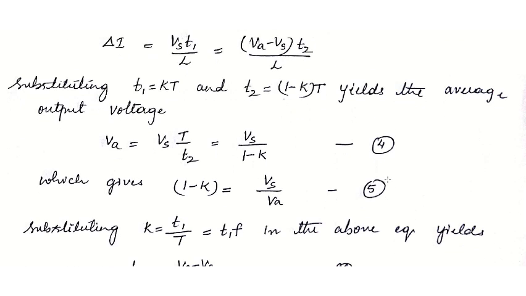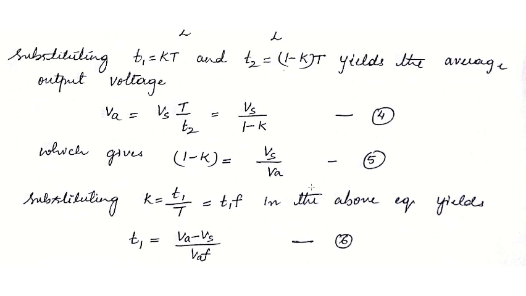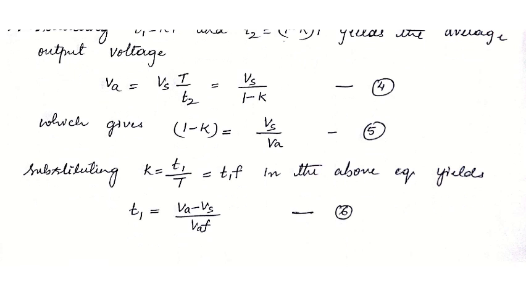Call it equation number 4. From the above equation, you will get 1 minus K is equal to Vs by Va. Let us call it equation number 5.